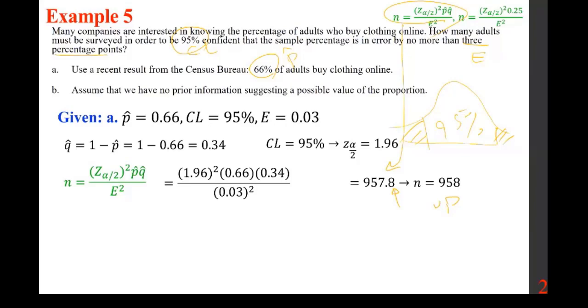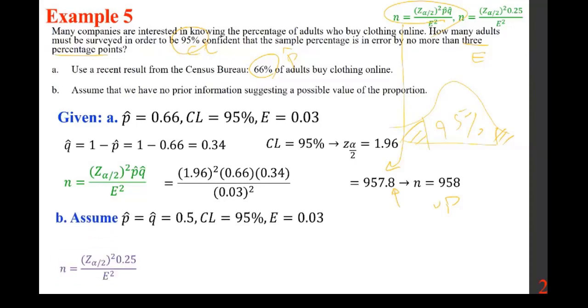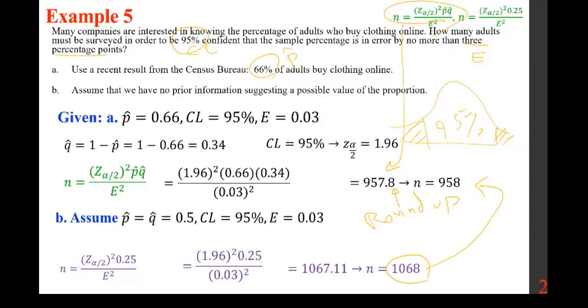You basically use everything the same. Instead of p hat times q hat and plugging in, you just use 0.25. So part B repeats itself, but we use p hat equals q hat equals 0.5. Notice what happens. Again, we round up, but notice this number compared to this number is what?